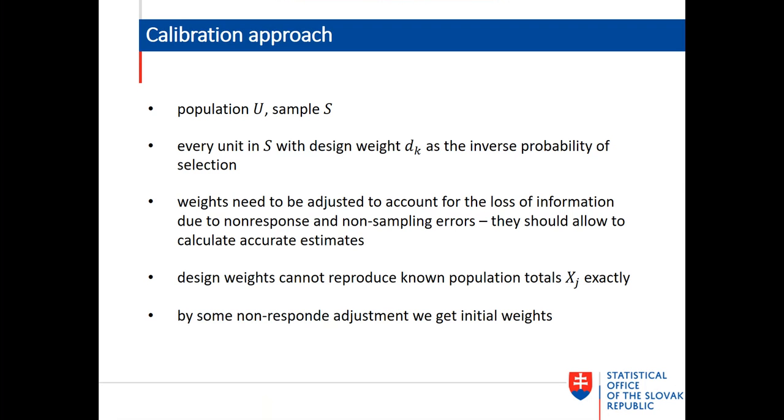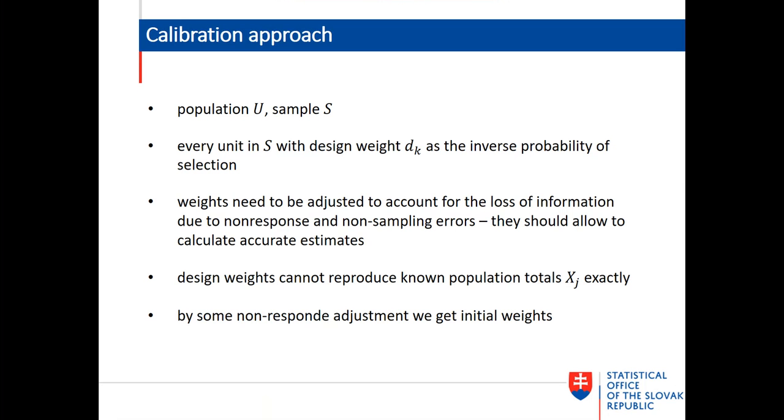It is clear that the design weights cannot reproduce our known population totals exactly. Let's consider we have some population totals, for instance, the number of people living in some area or by age and sex. And these design weights are not capable to reproduce these population totals exactly.